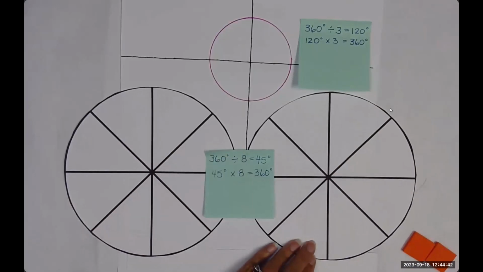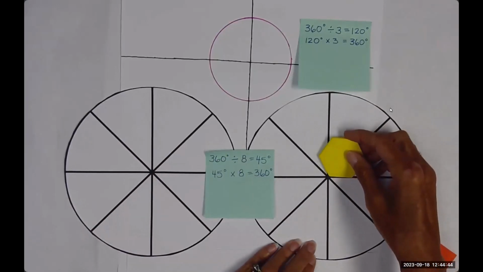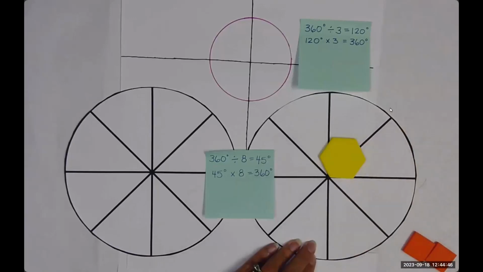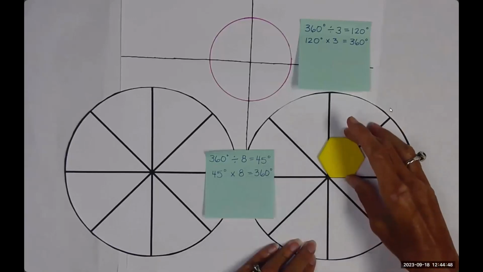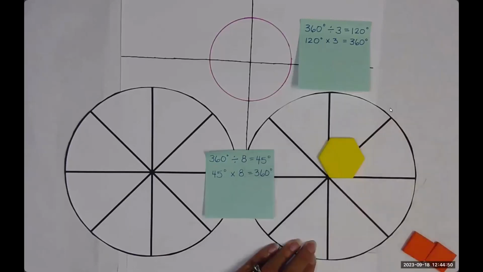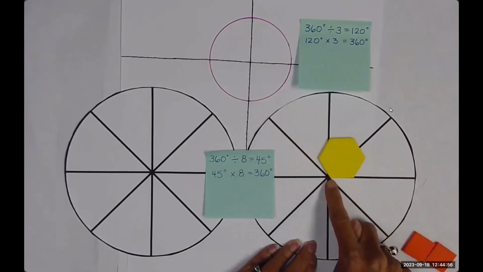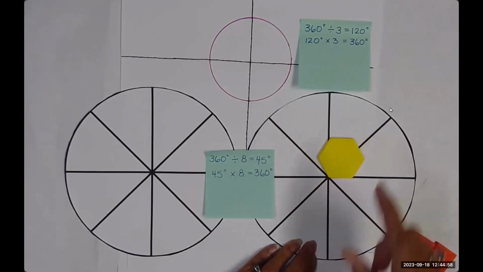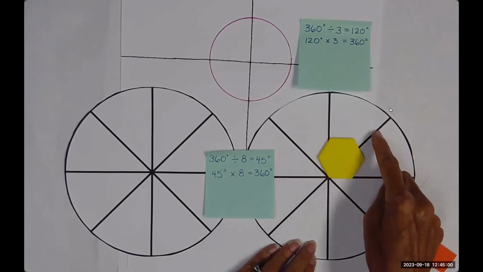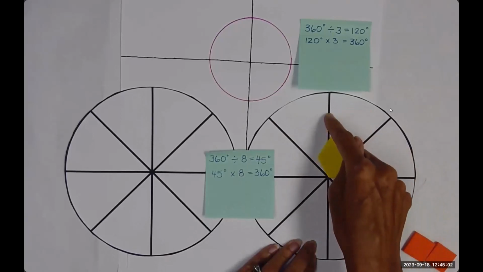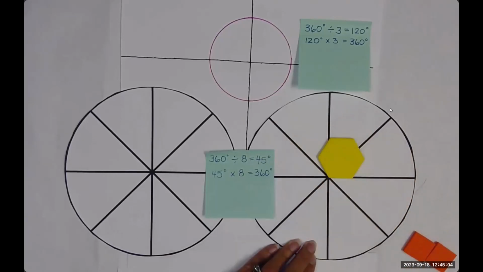Same thing with the other pattern blocks. So on this one, I don't have an exact measurement, but I can see that that angle is not quite to this ray here. So if I start on this baseline, I can see this is 45, this is 90, but it's not another full 45.